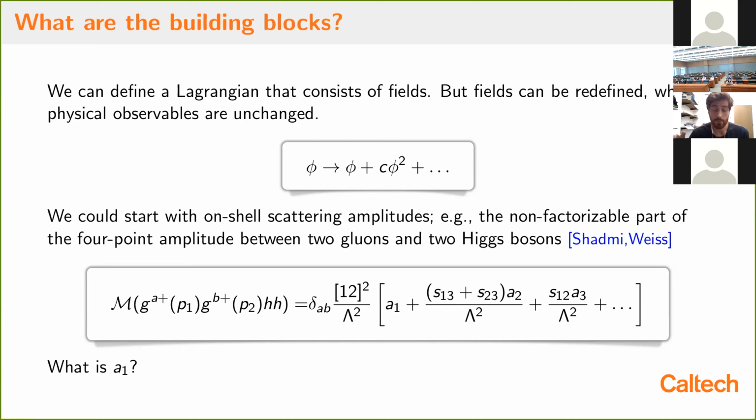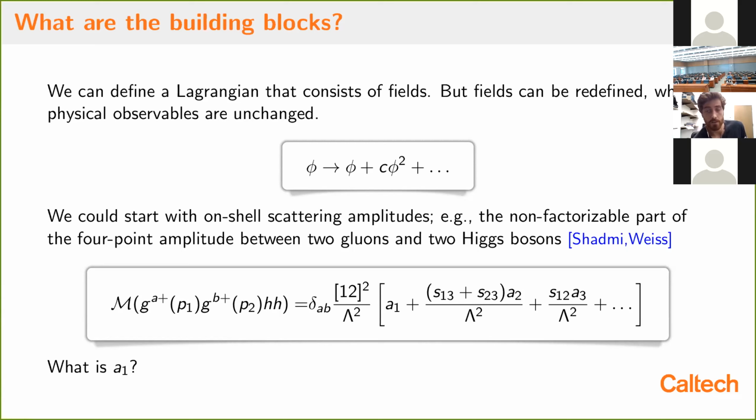At the front, you have this bracket 1, 2, which is a spinor product, discussed in other talks in this workshop. The rest of the amplitude is parameterized by some coefficients, A1, A2, A3, and so on. This is a very economical and clean way of getting down to a simple expression for the amplitude.